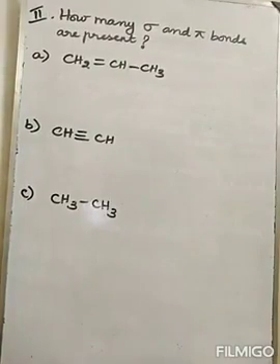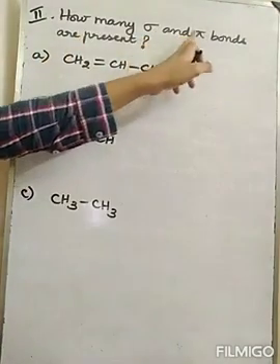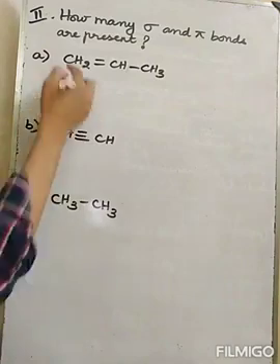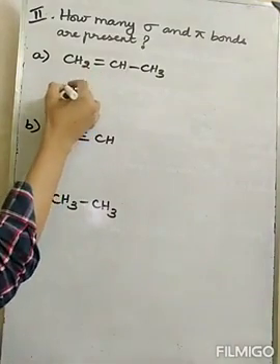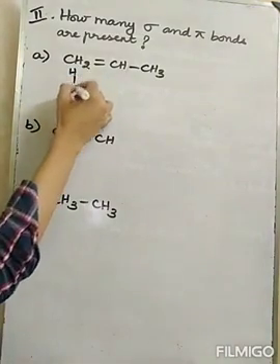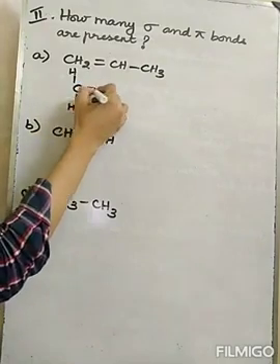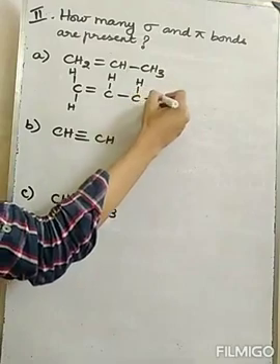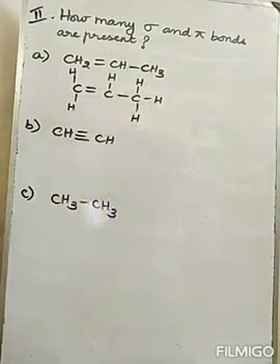So in this you have to find out how many sigma bonds and how many pi bonds are present. Okay. For that we have to draw the structure carefully. So CH2 means I can draw like this. CH2 double bond CH, CH3. Okay.